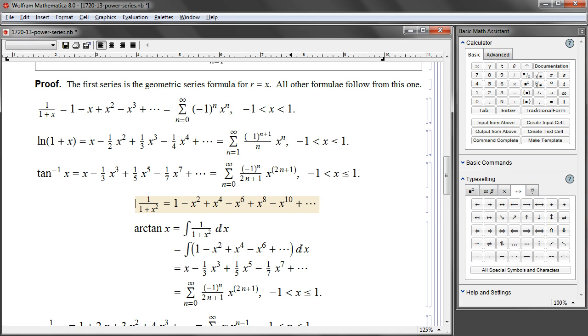That's the formula for 1 over 1 plus x squared. And, excuse me, what am I talking about? It's not an antiderivative formula. It is the power series expansion formula for 1 over 1 plus x squared.